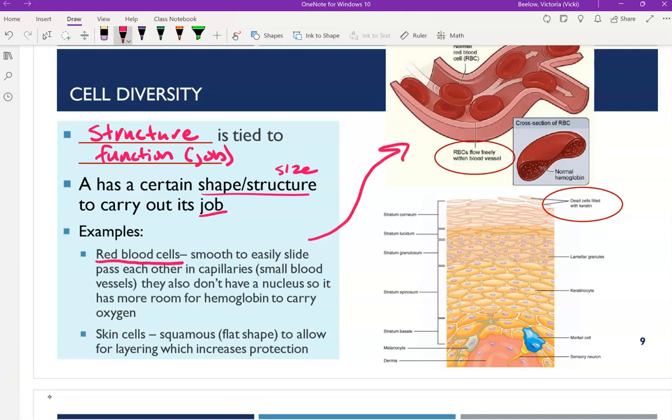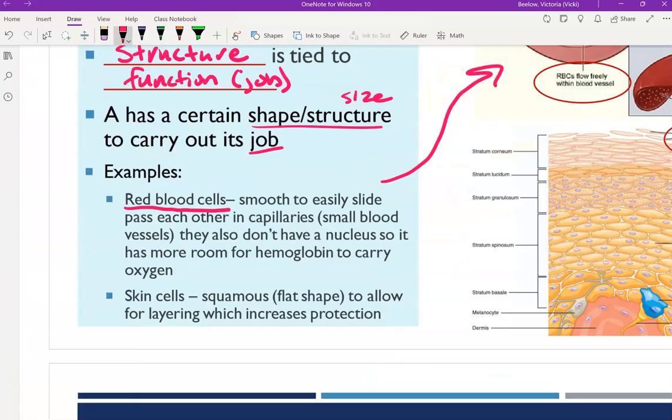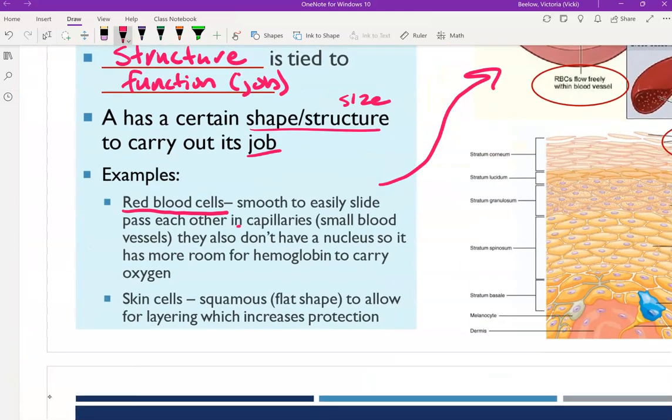Red blood cells, if you look at them, almost look like these little donut shapes. They're round, and there's a reason for that shape. It's so that inside of your blood vessels, they can easily slide past each other and move through really narrow areas such as capillaries, which are very small blood vessels.